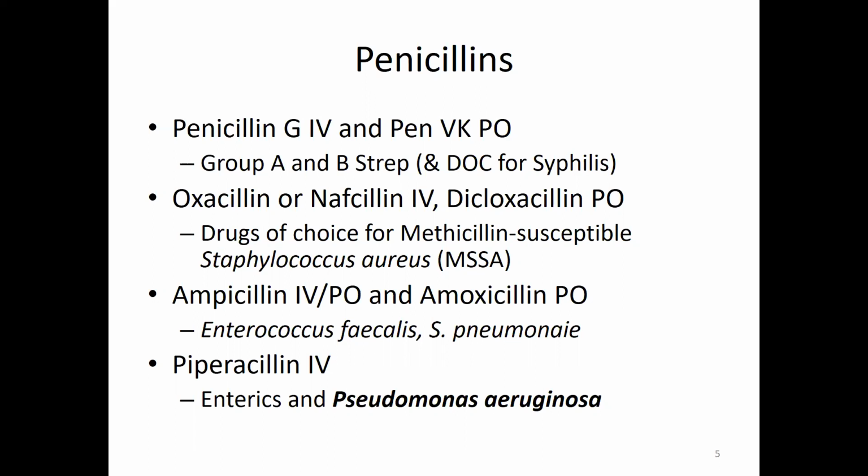Next up are oxacillin and nafcillin, or dicloxacillin, which is an oral version of that. These are called anti-staph penicillins because they are considered drugs of choice for methicillin-susceptible Staph aureus. These are stable to that simple beta-lactamase called penicillinase, so they won't get broken down by it.